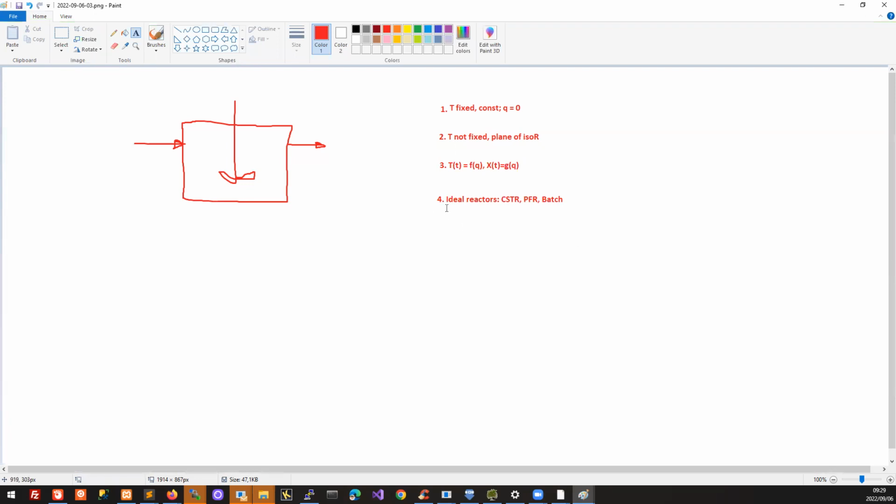But of course, the real world is not any one of these, right? If you were to construct a real reactor, so if you tried to produce, for example, a CSTR, then you start with some container, you stick a stirrer in, and you have feed flow in and out here. And so let's say your liquid level is here.